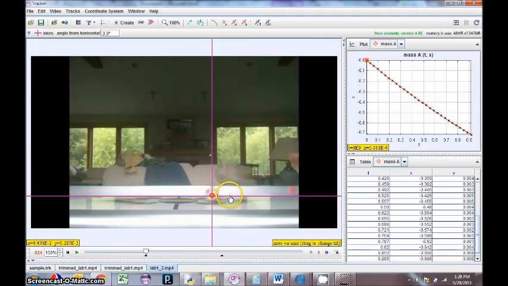Here's the baseball here, and I set my coordinate system so the origin is at the starting position of the ball. Since the ball is moving to the left, it would have a negative velocity, so it's moving in the negative direction.